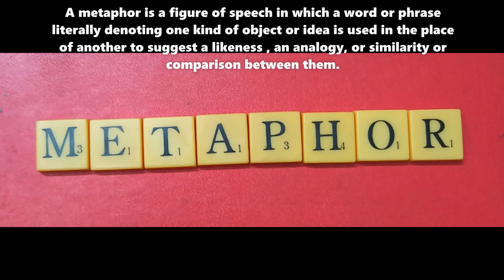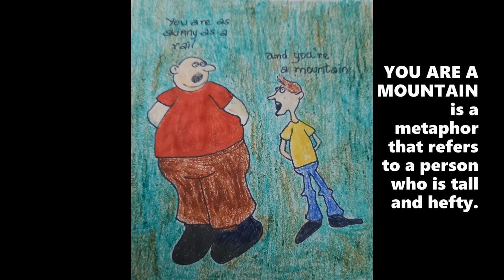A metaphor is a figure of speech in which a word or phrase literally denoting one kind of object or idea is used in the place of another to suggest a likeness, analogy, comparison, or similarity between them. Example, you are a mountain.